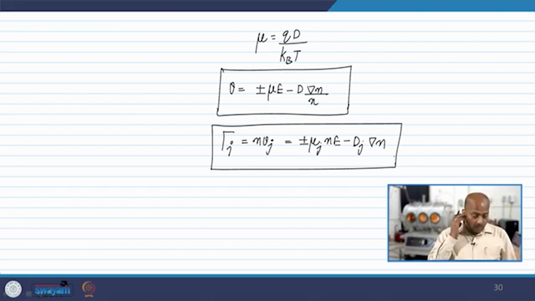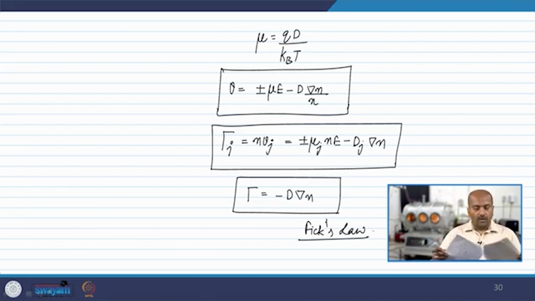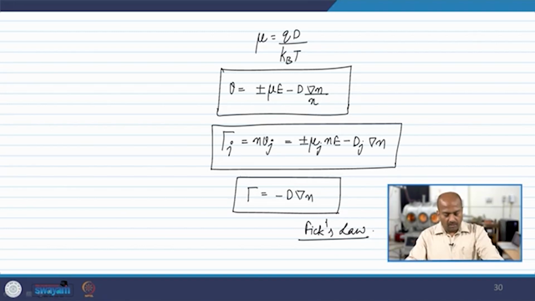Now, when we talk about flux, we need to remember a very famous law, which is Fick's law of diffusion. We can slightly modify and make a special case when the electric field is 0, and we can get back Fick's law as Γ = −D∇n. What is this? This is the Fick's law.